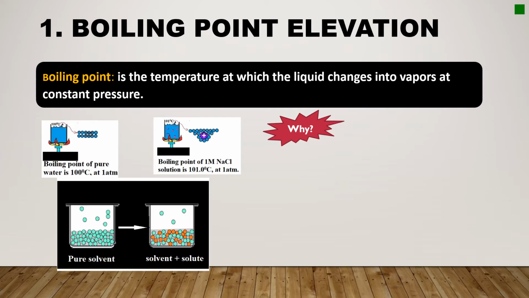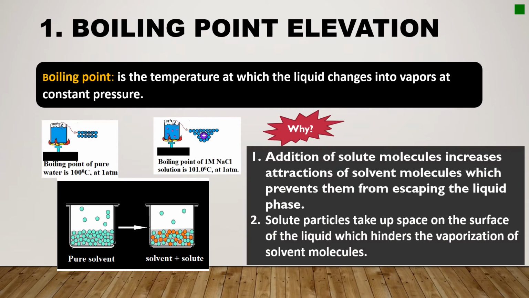Actually, the addition of solute molecules increases the attraction of solvent molecules, which prevents them from escaping to the vapor phase. Before, molecules of water were interacting by hydrogen bonds.